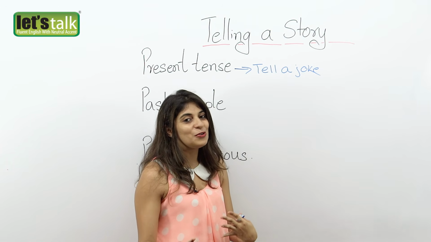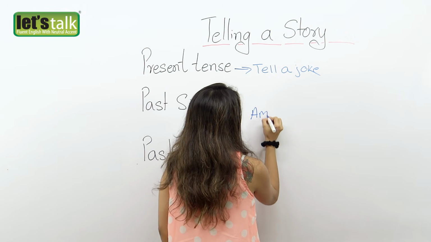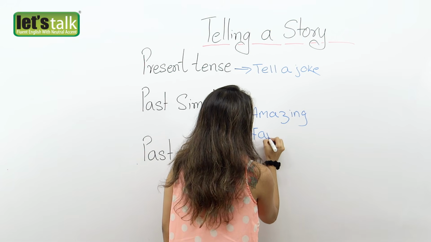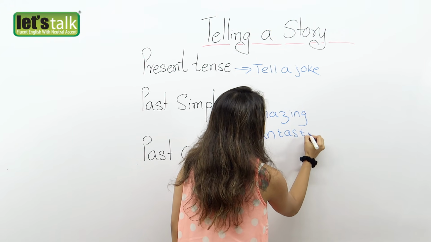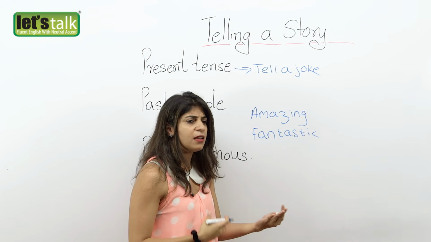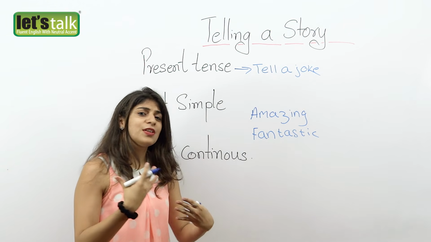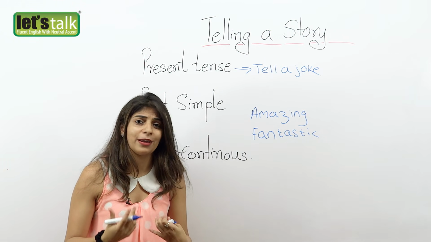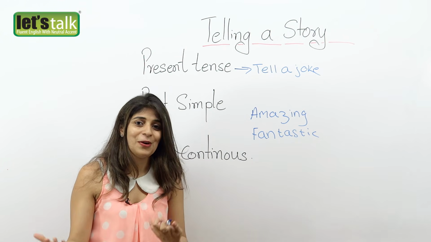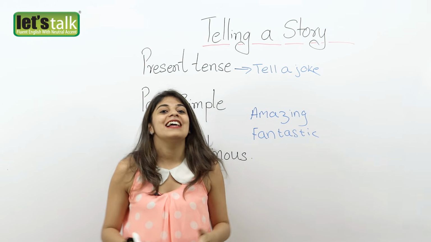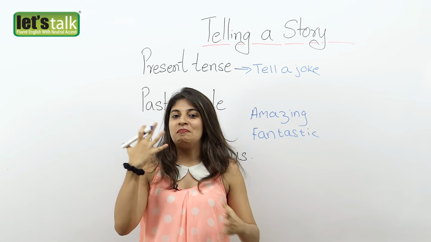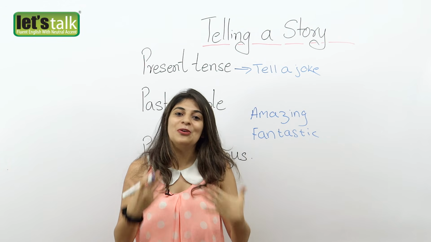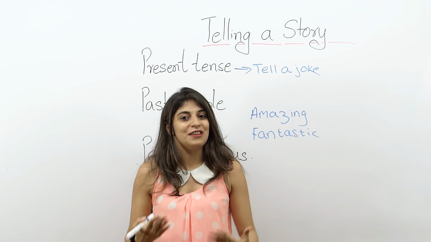You can use words like amazing, fantastic, terrifying, petrifying. These are certain words that you can add when you are telling a story. You can always exaggerate also. Please do not make it sound like a lecture. Use better words so that you can come off in a very confident manner.